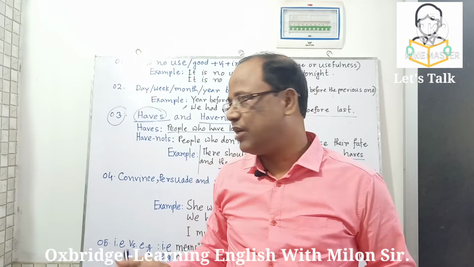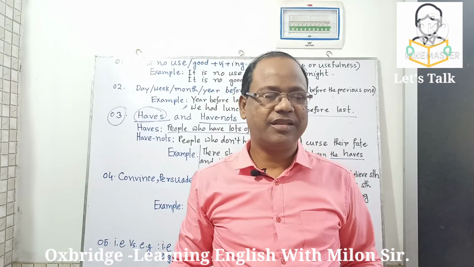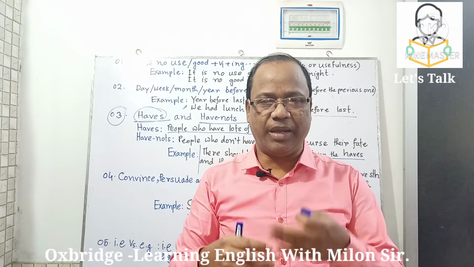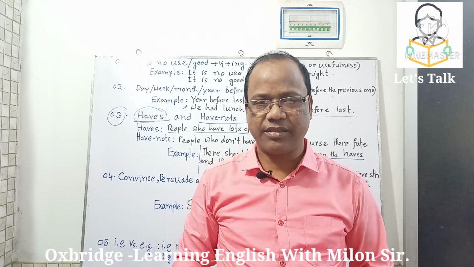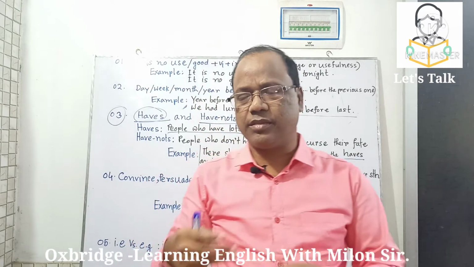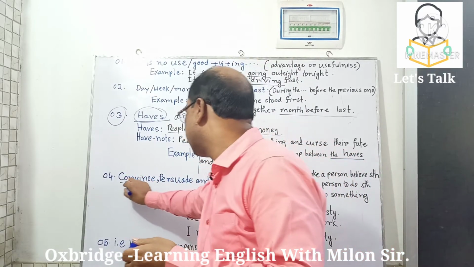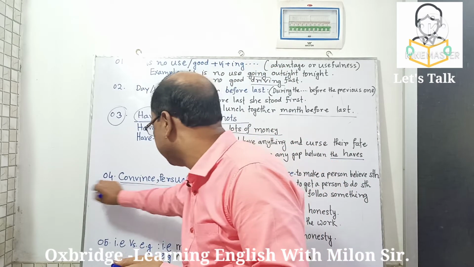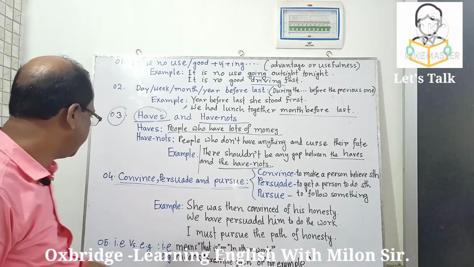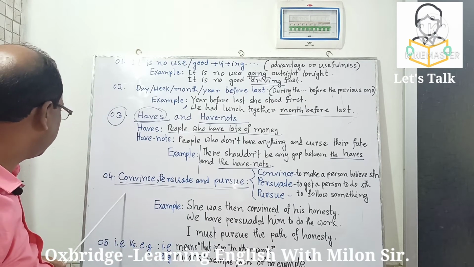Dear learners, our next term, the significant one. Here we have three terms to discuss because we always mix these three terms with one another. The first one is convince. Have a look on the board.